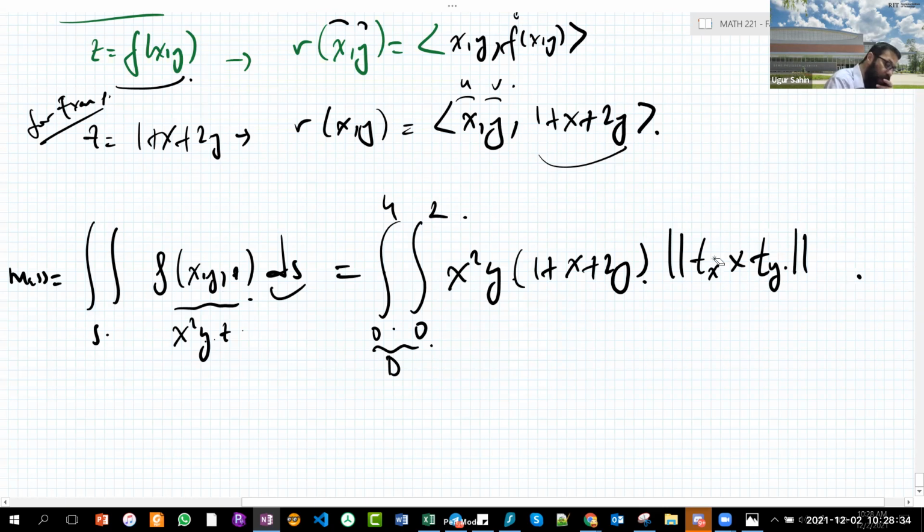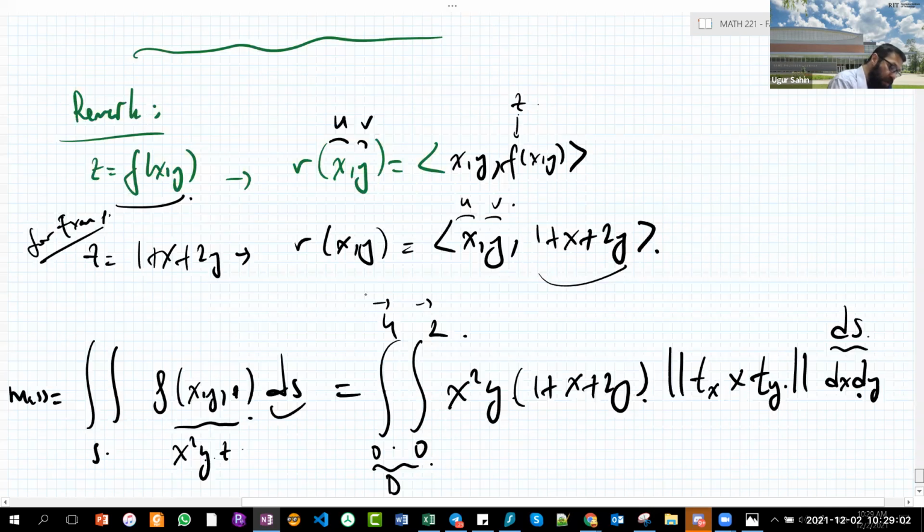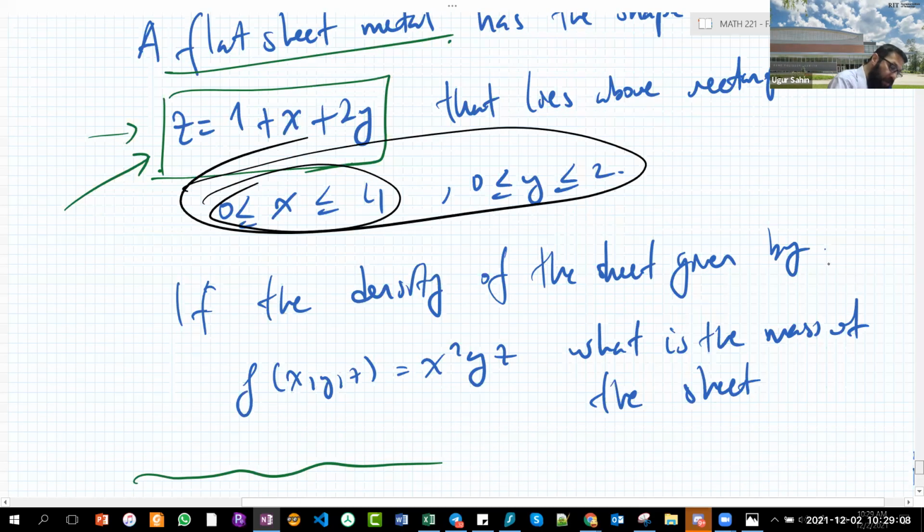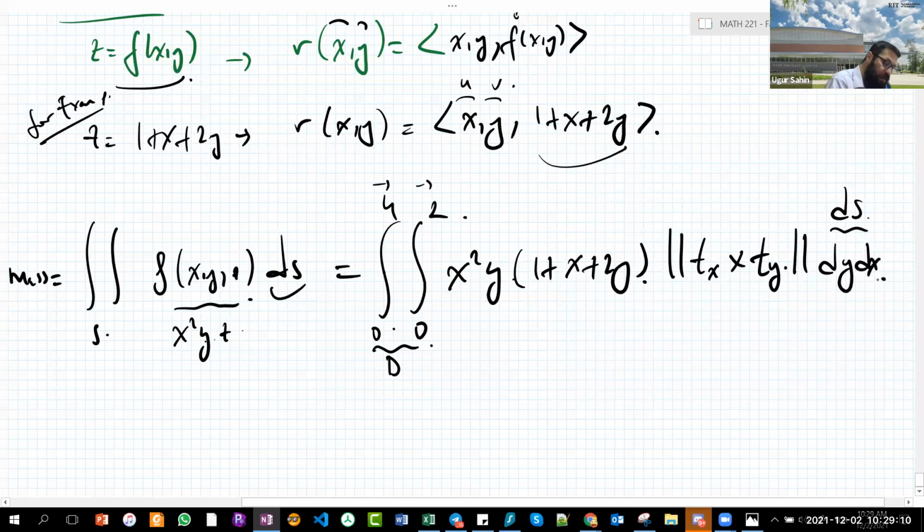And then when I use the x and y variables, the integral can now be iterated over dx and then dy. Now the dS part is going to be dx and then dy, but you need to be careful about the order, which one you use first. Look at that. These are the x boundaries. That is why x should be on the outside, if you remember from the double integrals.